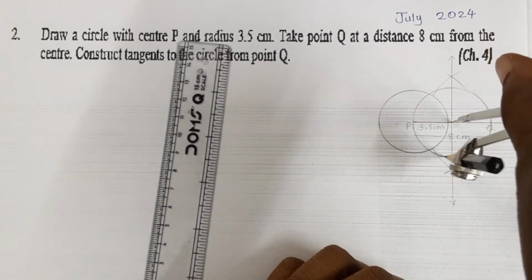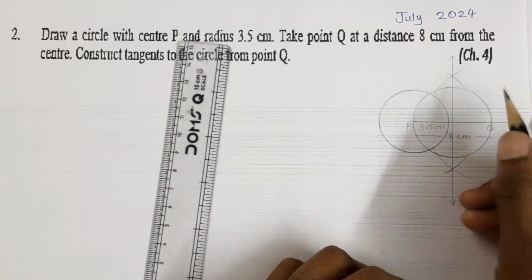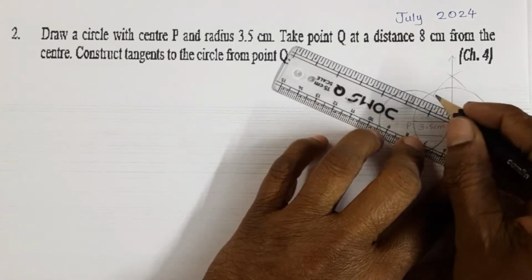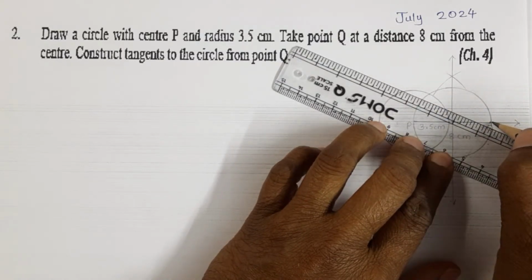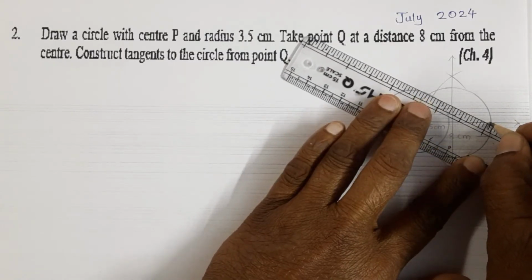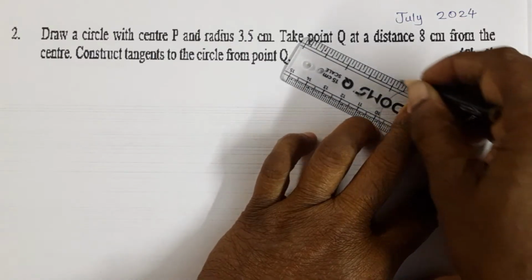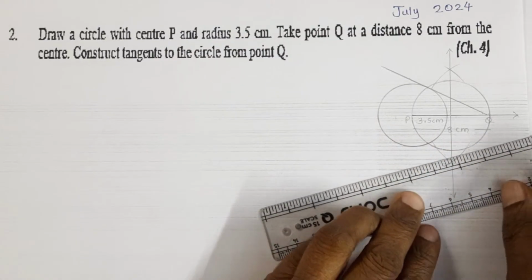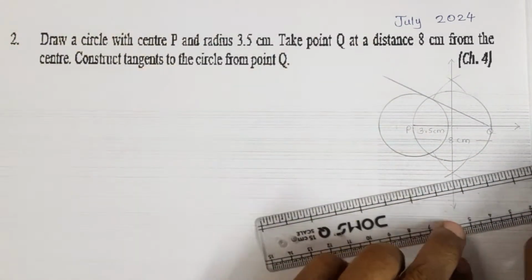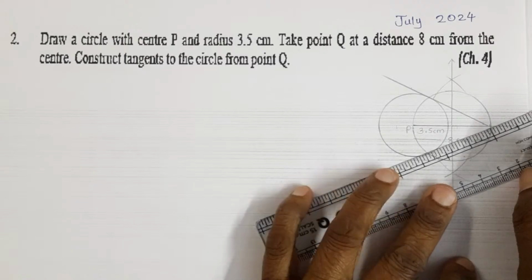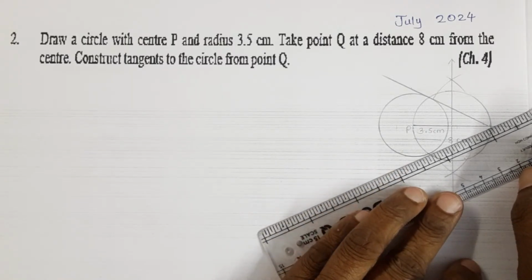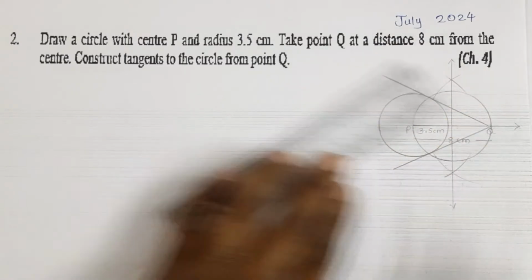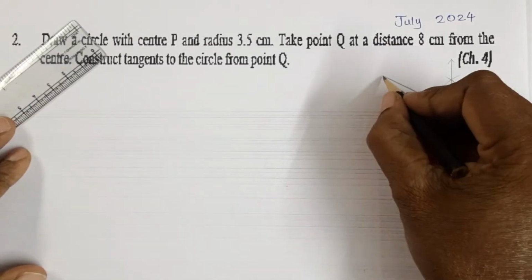Then students, from Q you have to join this intersecting point on the circle. This will be the first tangent, and then the other intersecting point on the circle and Q will be the second tangent.